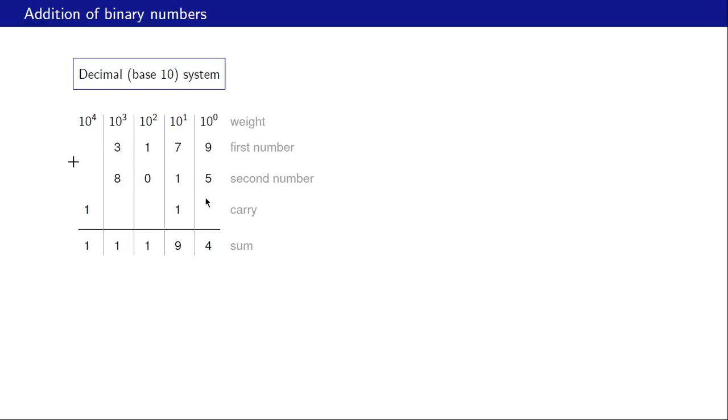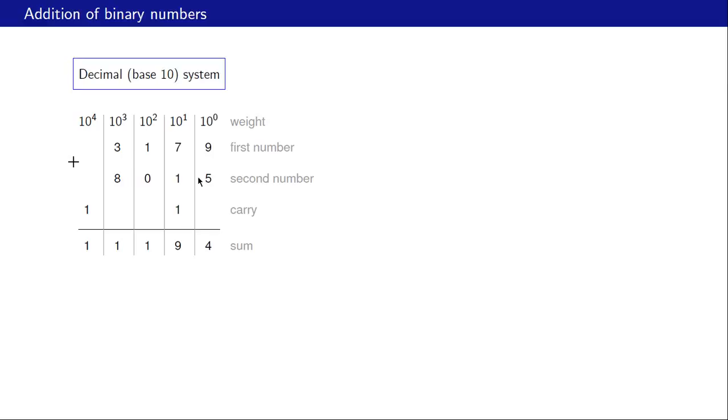We start with the least significant digits, that is this column here. We add this 9 and 5. Now each one of these gets a weight of 10 raised to 0. So the sum here is 14. We take 1 as carry. Now this 1 has a special significance.